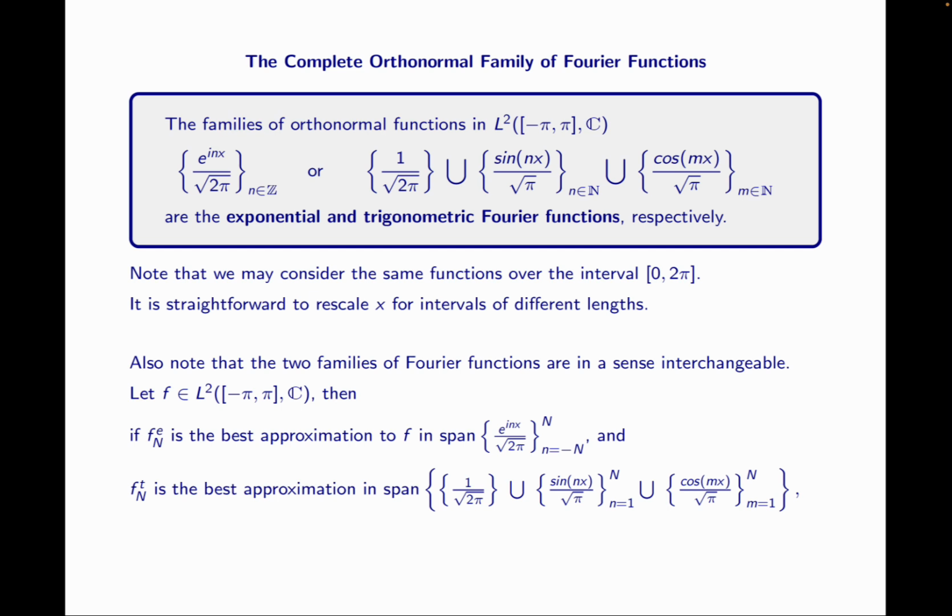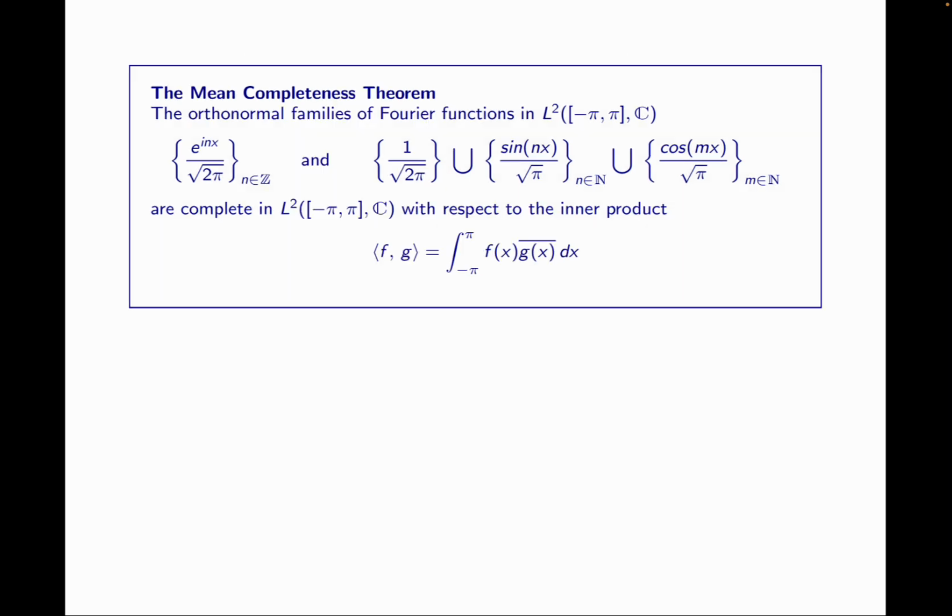So if I find the best approximation in the truncated exponential family or the truncated trigonometric family, they are the same. That's what I mean when I say that these two families of Fourier functions are interchangeable. You can use one or the other, you're going to get the same outcome. What that means is, when I give a result about one or the other, the result holds for both.